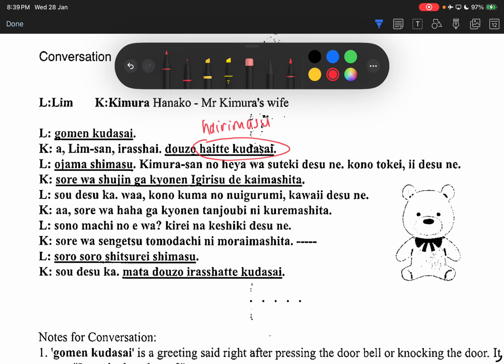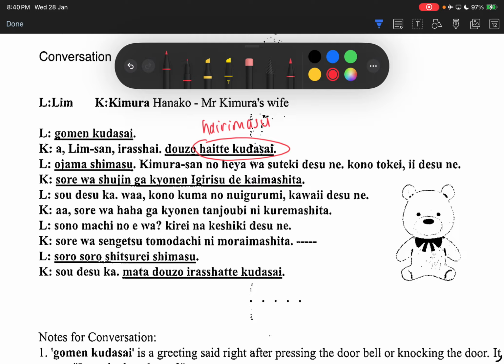Next, we have the reply, so desu ka. Desu ka just simply means, oh I see. It's like wow in English. Kono kuma no nuigurumi. So nuigurumi simply means doll.